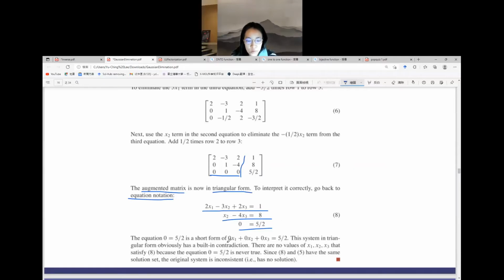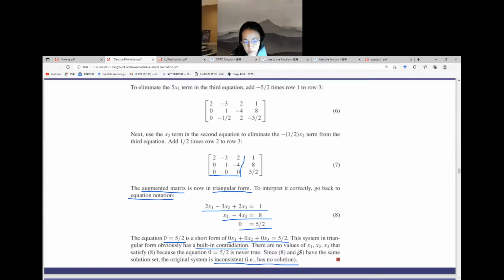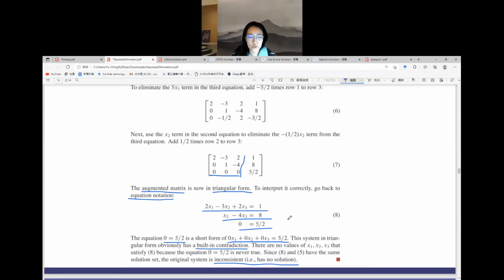That's a short form. It says that 0 equals 5/2 is a short form of 0x1 plus 0x2 plus 0x3 equals 5/2, which is impossible. So it's a built-in contradiction originally in the system. So this system is an inconsistent system. It's a no-solution collection of linear equations.